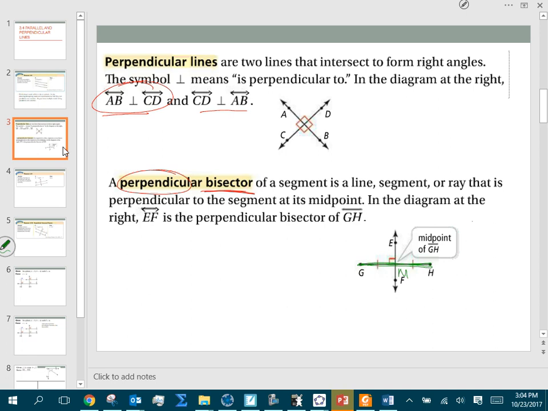So there's two components. We've talked about bisectors, right? Let's say I had G, H there, and put M there. Anything that went through M was a bisector. So I could call this line L here a bisector of GH.